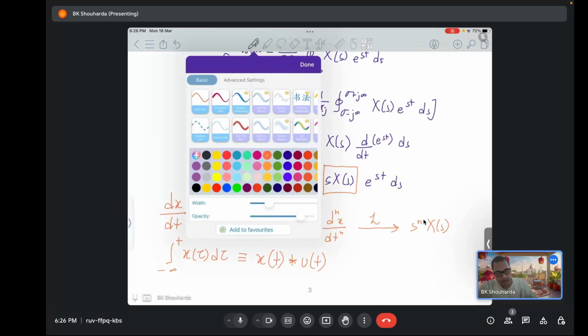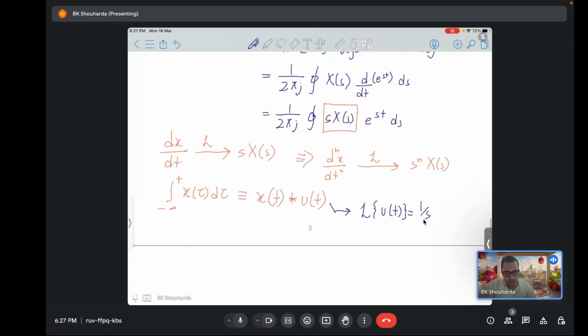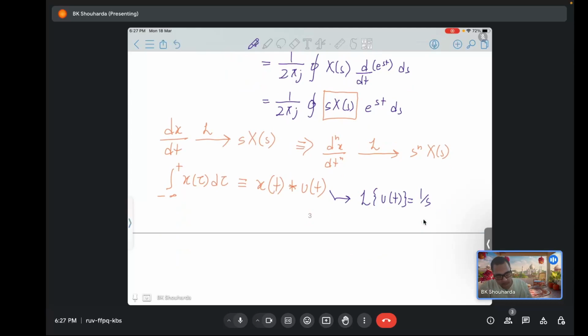We know that the Laplace transform of the unit step function is 1 upon s. Another important fact is that convolution in the time domain leads to multiplication in the Laplace domain.